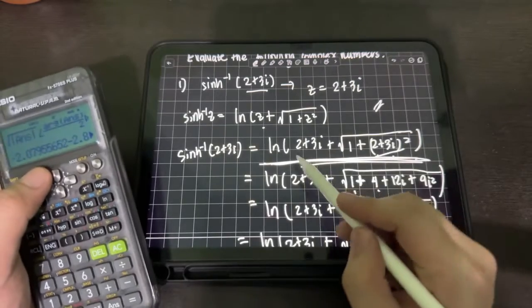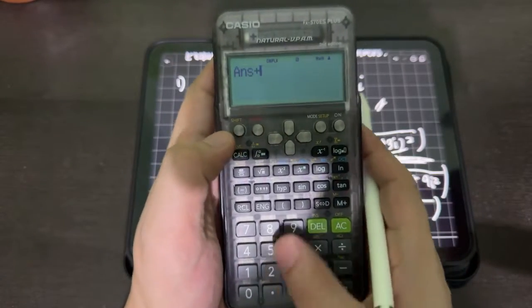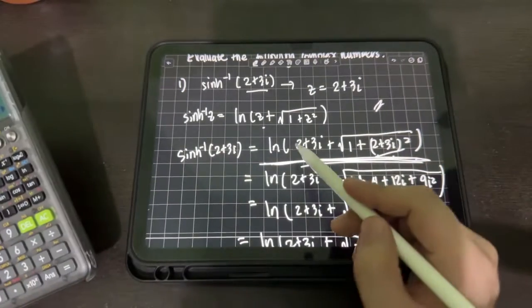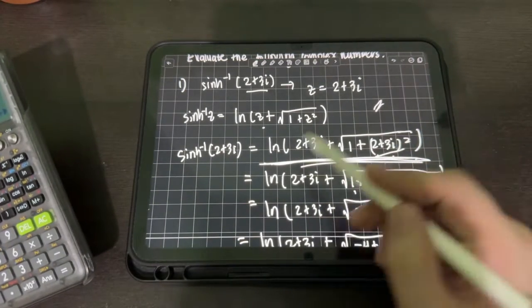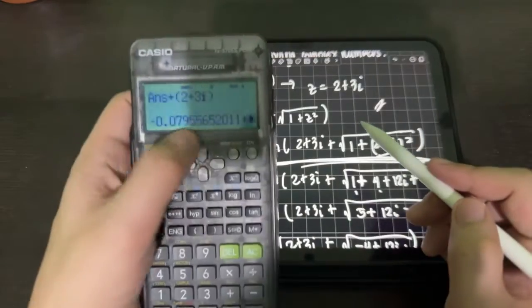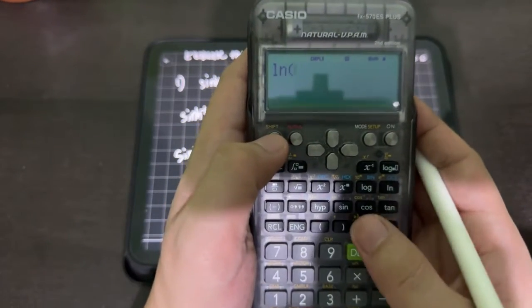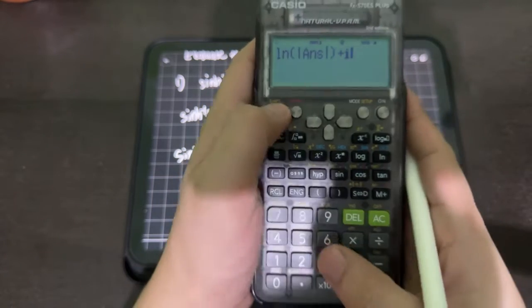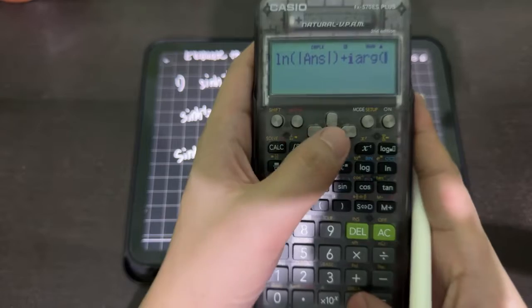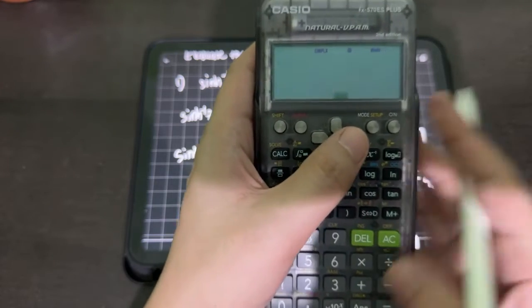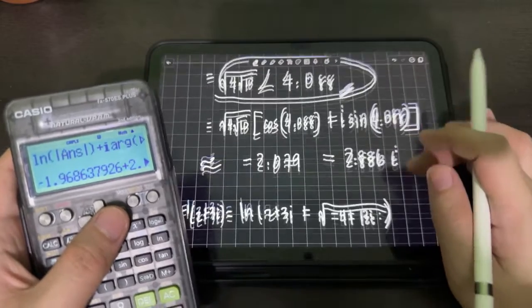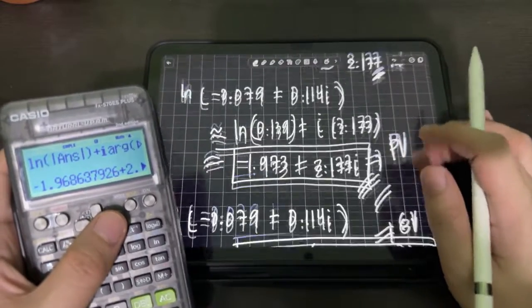You add it again with 2 plus 3i, so plus 2 plus 3i. So this is now the value of the expression inside the ln, this one. Then you get the ln. So ln of the absolute value of the ans plus i shift 2 1 argument of the ans, equal. So let's check if we got the same answer for the second set of solutions.